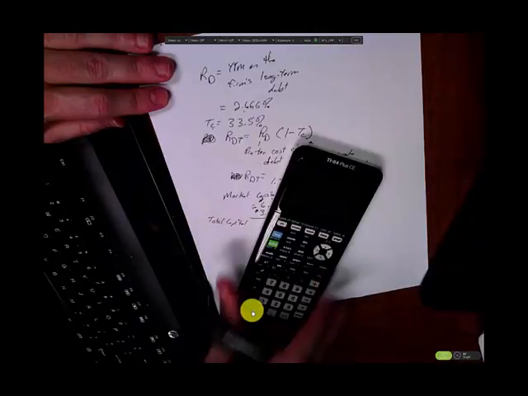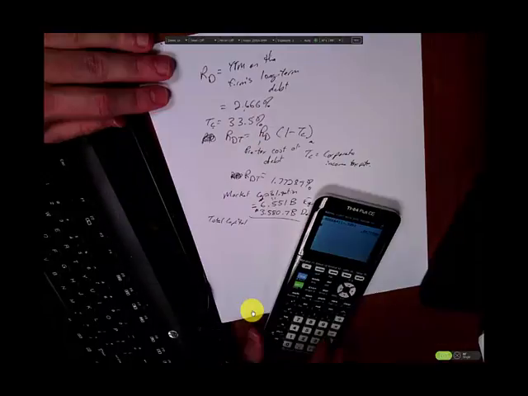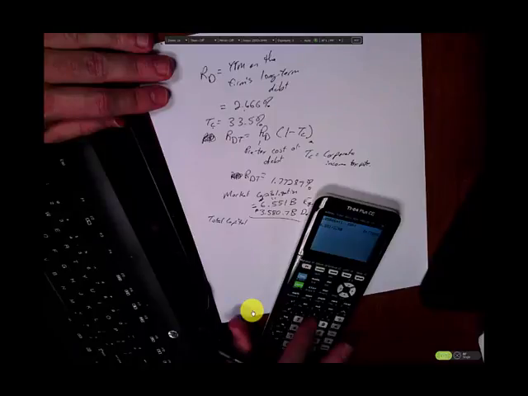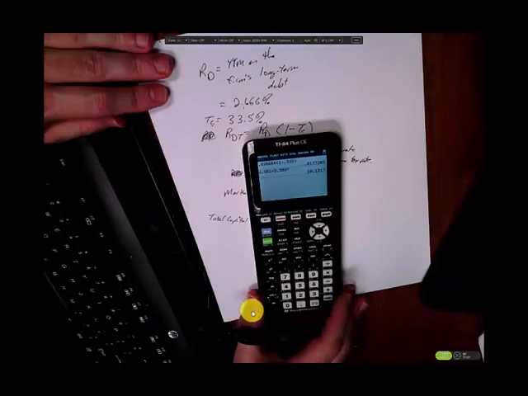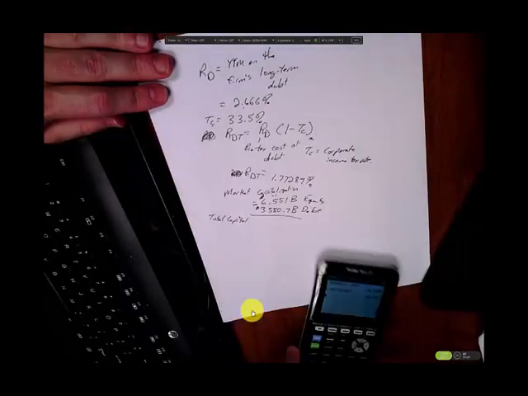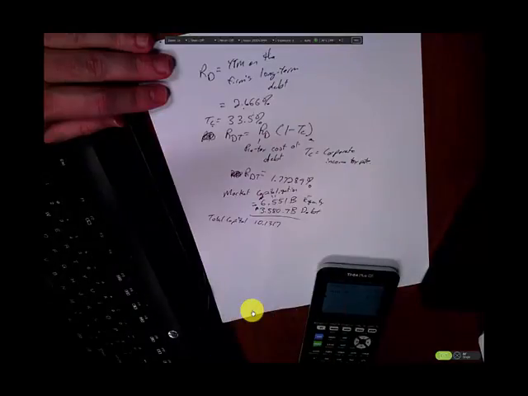So I'm going to add those two together, and that will give me 6.551 plus 3.5807, which gives me total capital of 10.1317. Okay.